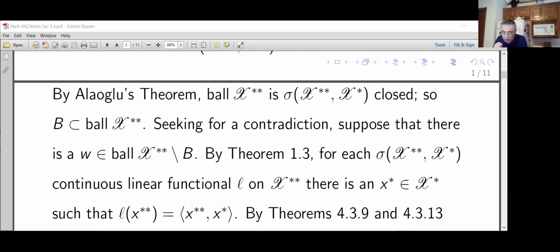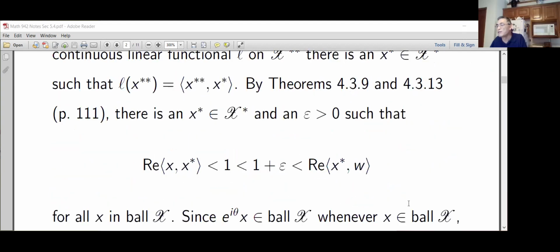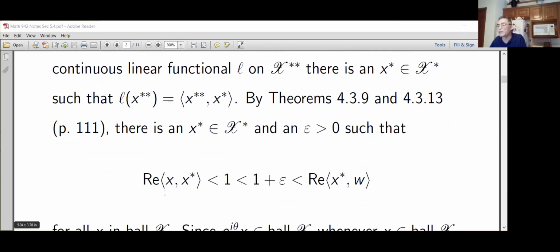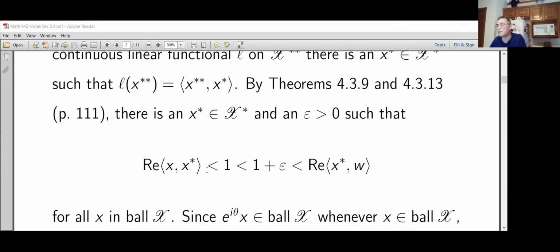So if you have a point and a compact convex set, there is a linear functional to separate the point and the set in this sense: the real part of <x, x*> is less than 1 plus epsilon, less than the real part of <w, x*>.